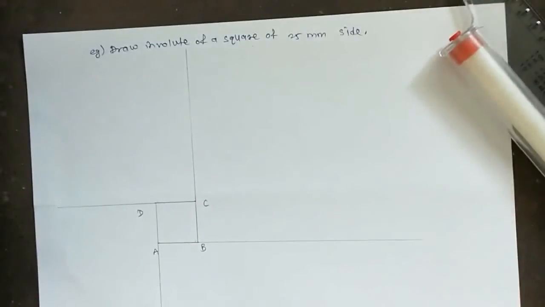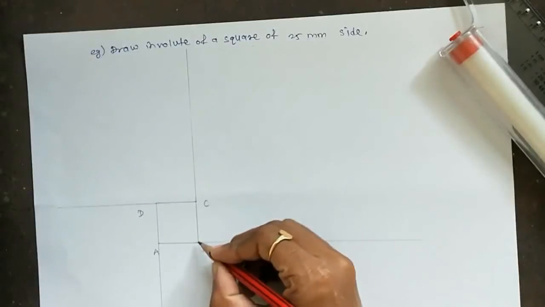We are extending lines because we imagine that the end point of wound thread is initially located at point B.